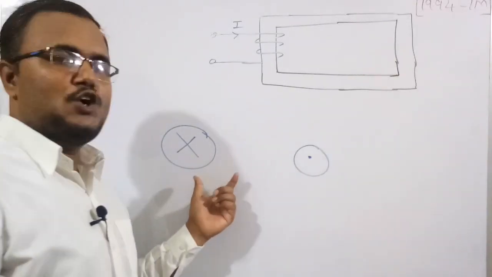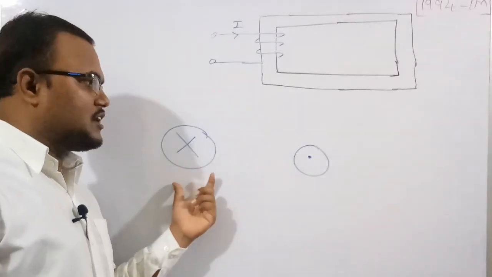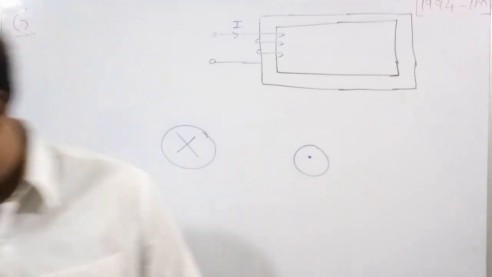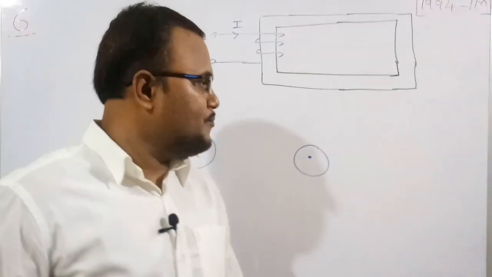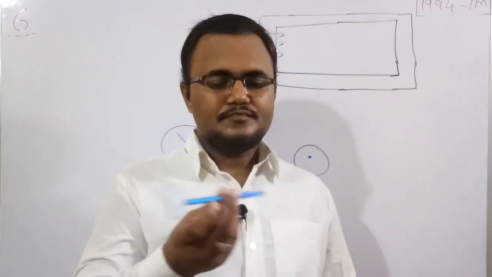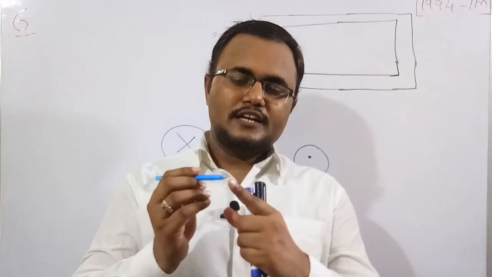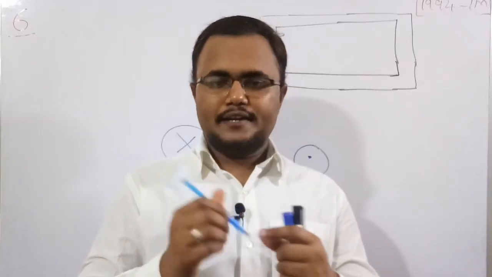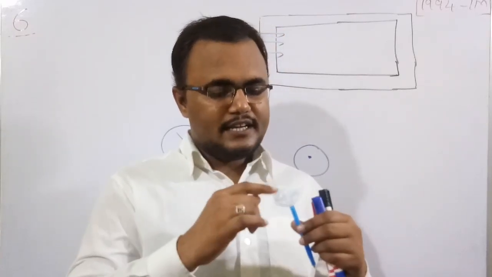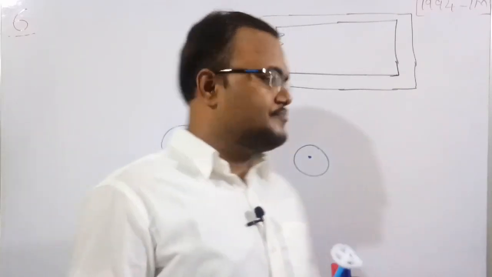Suppose you are confused whether the current inside is a cross or a dot, then I have made a small thing which will be very useful. Suppose this is a pen, in the front side there is a small nib point and in the backward there is a small cross mark like this. It's like an arrow.